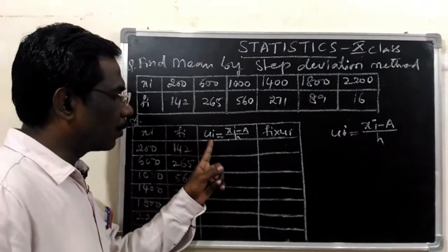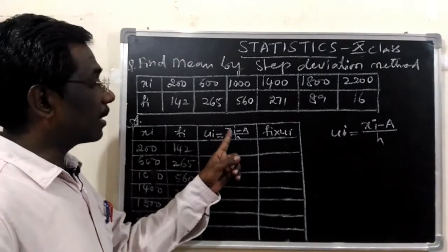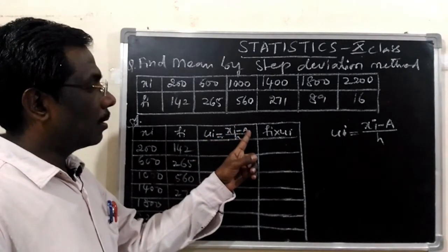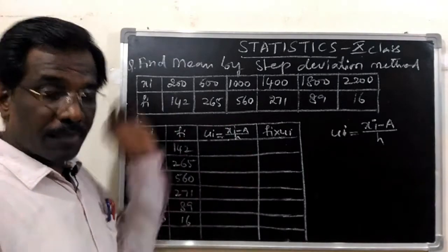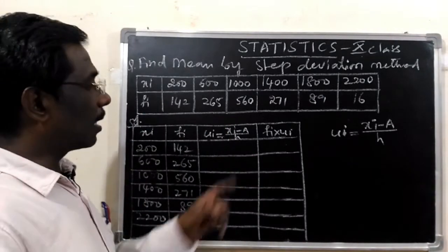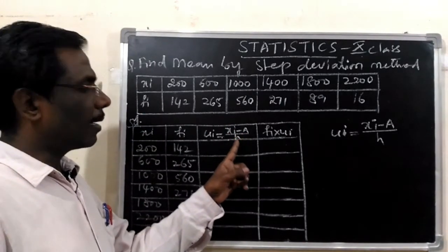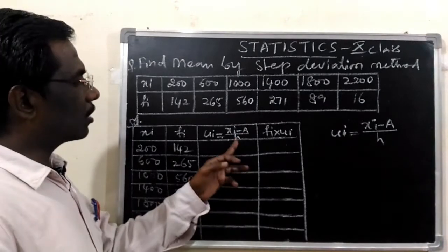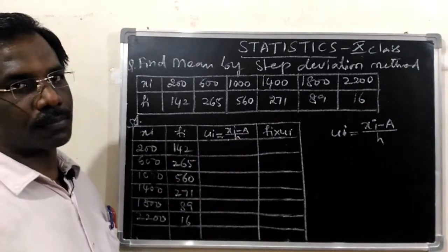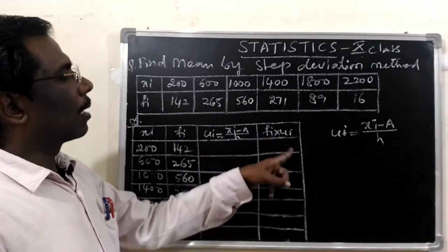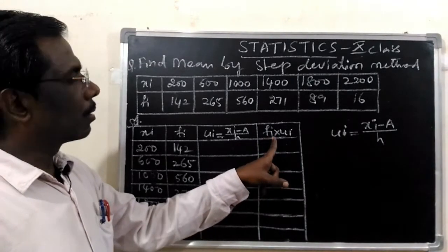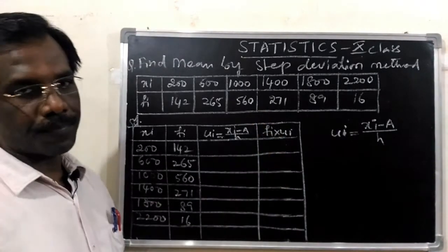This ui value we get from xi minus a, which is di, as in the previous problem. So xi minus a by h, where h is the class difference. And the next new one is fi into ui.